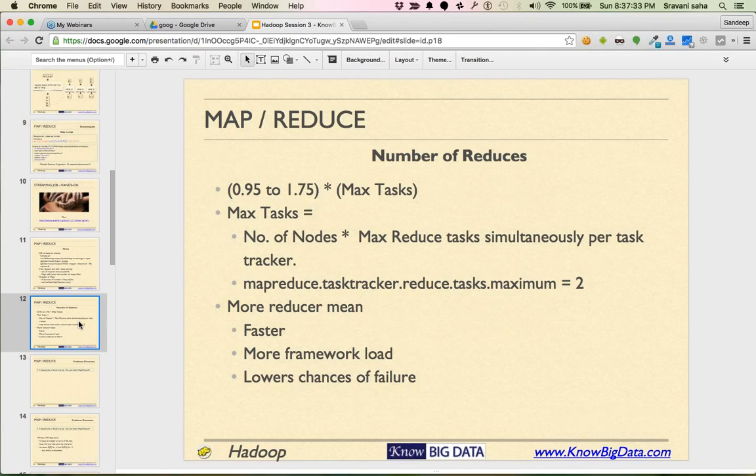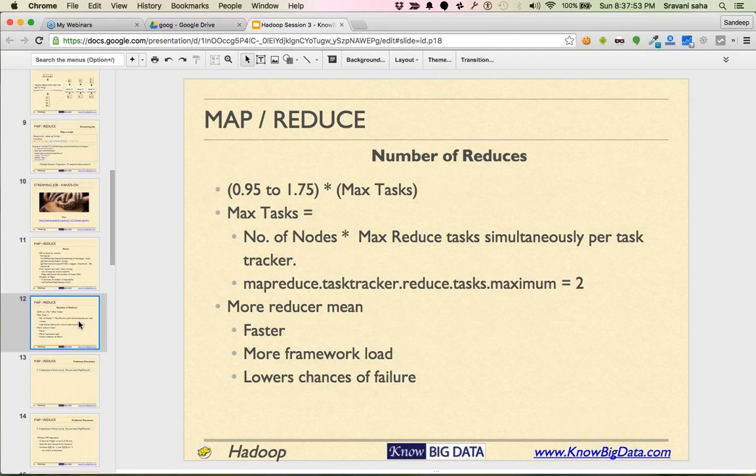Now, the number of total reduces you should generally have is between 0.95 and 1.75 times that, and you can sometimes have far fewer than that if your input data is really small.